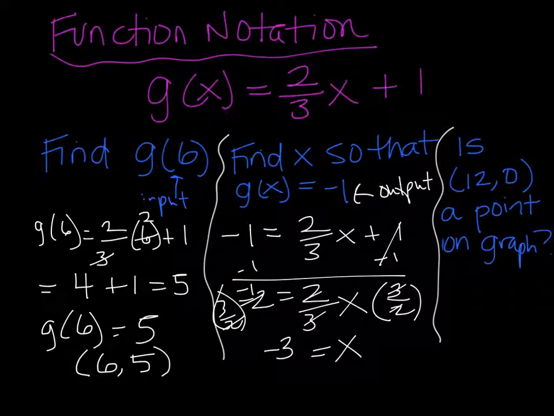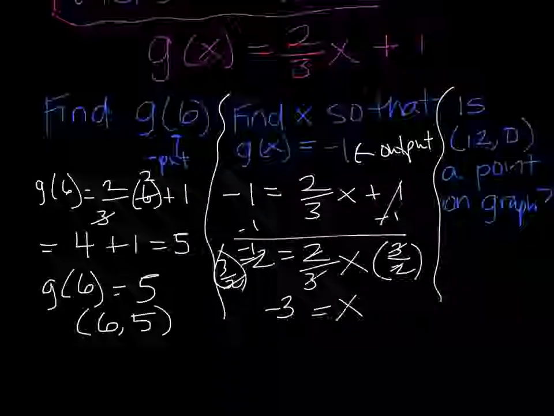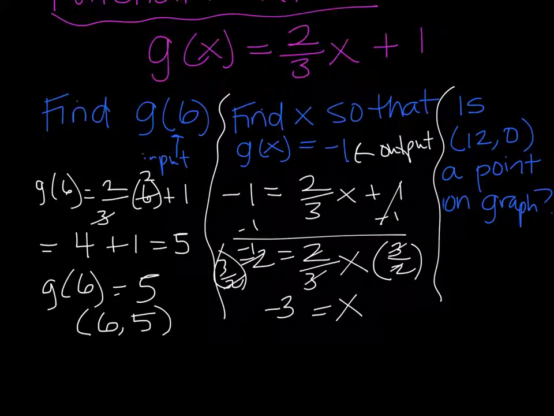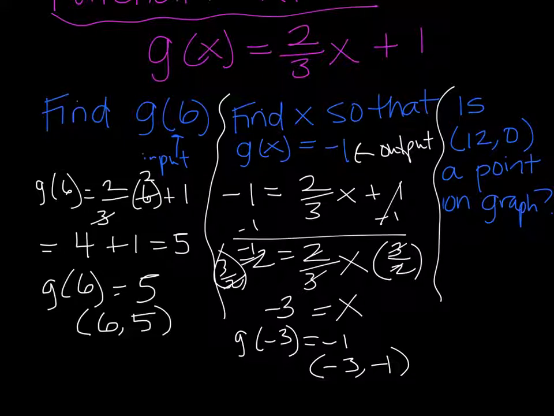So that would mean in function notation, this would look like, sorry, it's not f, it's g. I would say that g of -3, because that was the input, would give me the output of -1. That's my function notation. And as an ordered pair, the ordered pair that would show up on the graph would be (-3, -1).